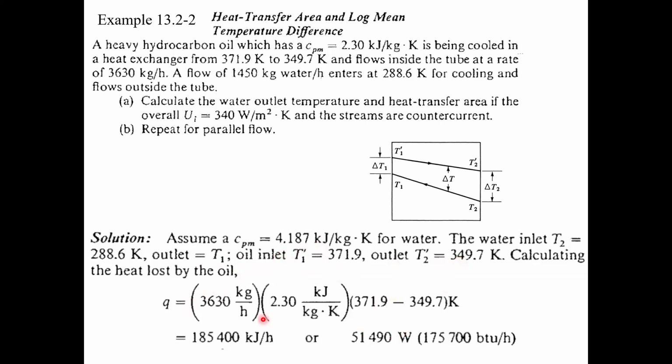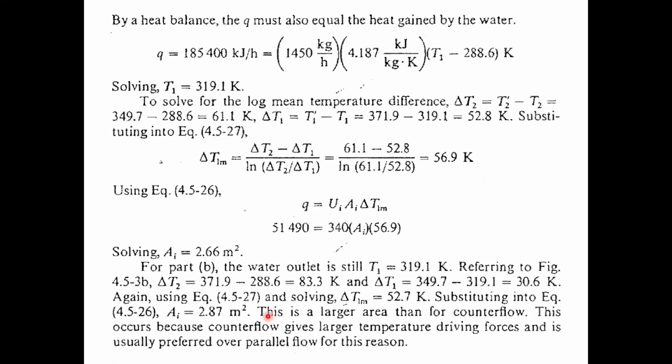So for that you can do a heat balance and find out how much energy is being utilized to cool down that fluid for this case. Okay, so how much energy needs to be lost by that fluid, that can be found out. Okay, so you equate that to the other fluid, and you can find the missing temperature.